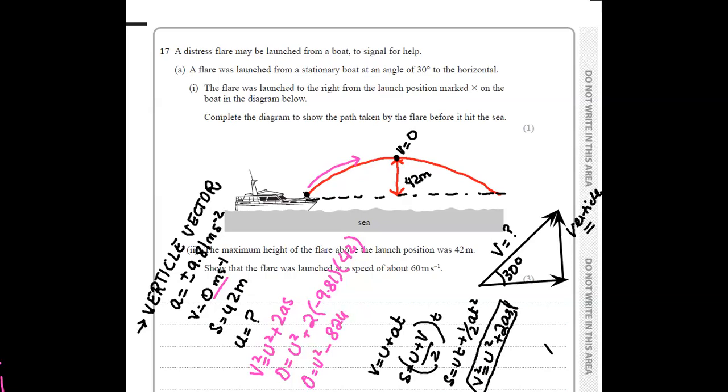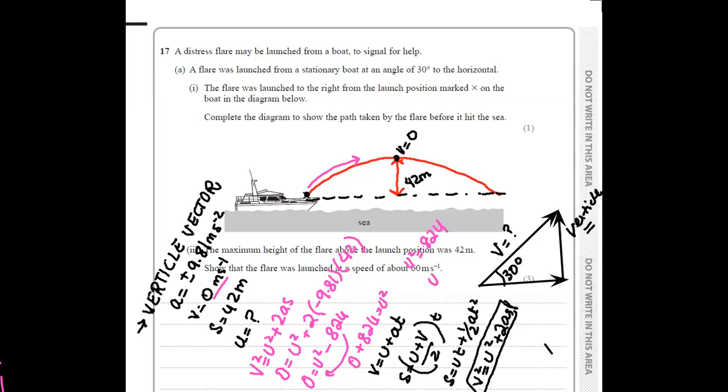When I multiply 42 and 2 with minus 9.81, I get minus 824. Taking this to the other side, 0 plus 824 is equal to u square. u square is equal to 824. I will take the square root of my answer.